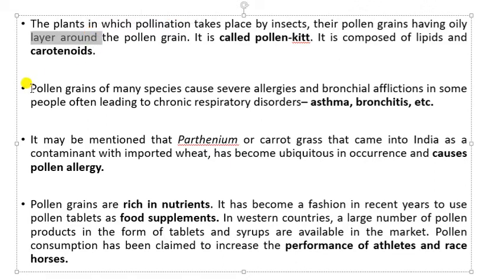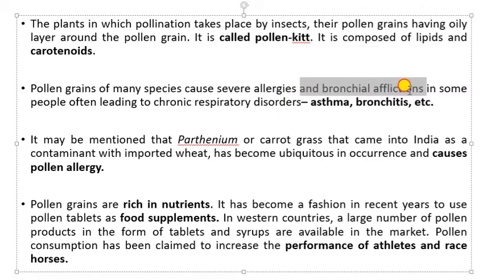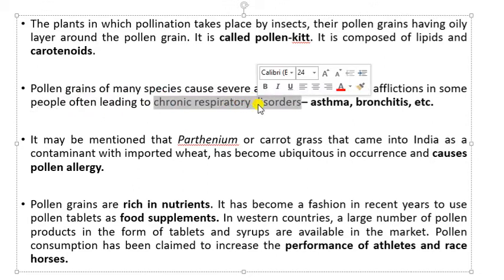Now, the pollen grains of many species cause allergies. These pollen grains are allergic in nature. They can cause bronchial afflictions in some people, and lead to chronic respiratory disorders like asthma and bronchitis. Here is an example of an allergic reaction.